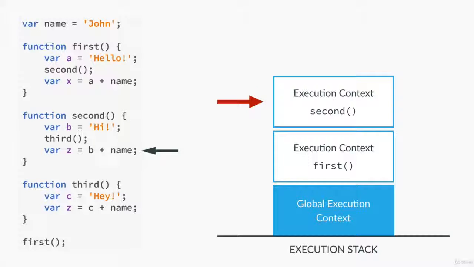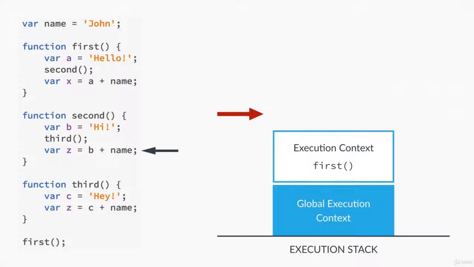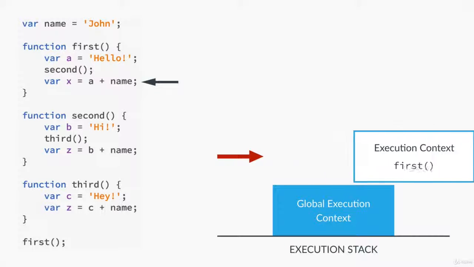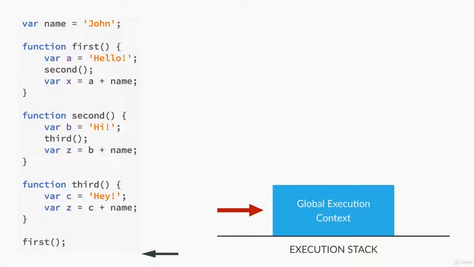So this z variable gets stored in the currently active context, and after the function returns, the context also pops off the stack. So back to the first function now, and here the same thing. The function is done, it returns, and so we exit it and the execution context pops off the stack. And like this, we executed all three functions, created three execution contexts, and popped them off the stack when the functions returned.